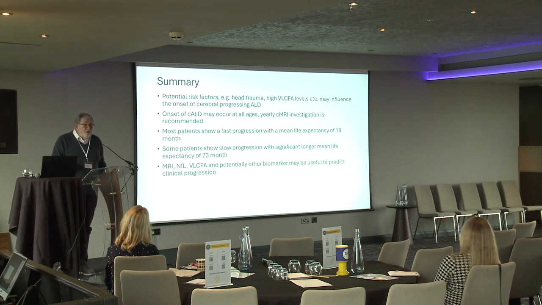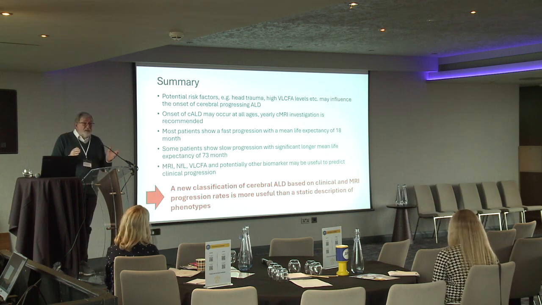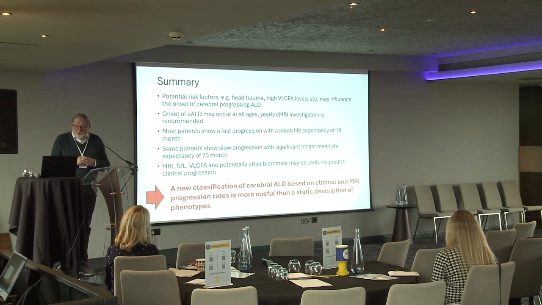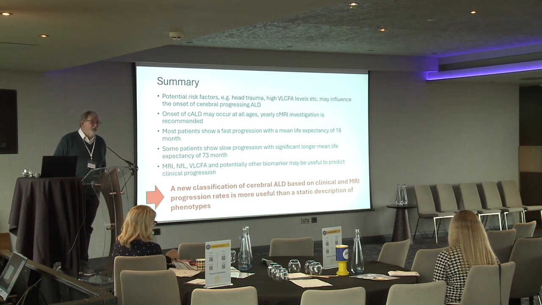So MRI, neurofilaments, very long-chain fatty acids, and potential other biomarkers are very important and useful to predict clinical progression. But in the end, it's not very useful to talk about fixed phenotypes. We need a new classification of cerebral ALD based on clinical and MRI progression rates, which is much more useful for therapeutic decisions.